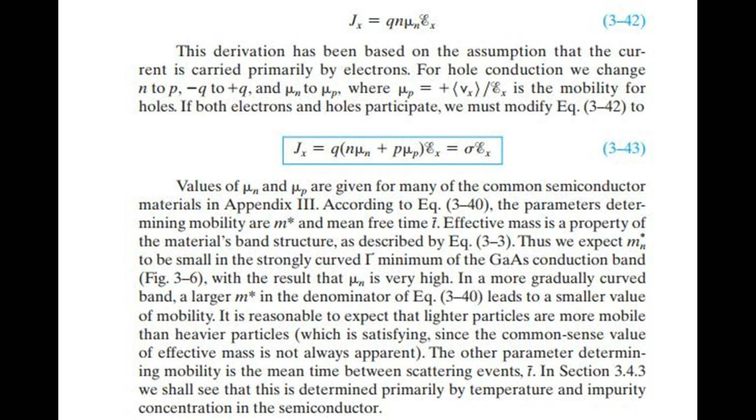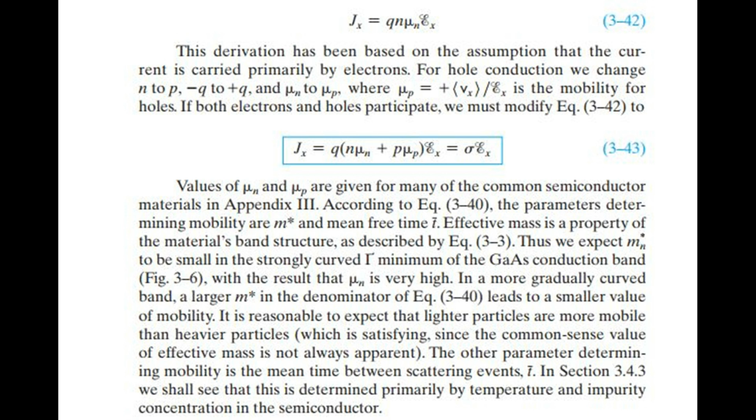In a more gradually curved band, a larger m* in the denominator of EQ 340 leads to a smaller value of mobility. It is reasonable to expect that lighter particles are more mobile than heavier particles, which is satisfying, since the common sense value of effective mass is not always apparent.